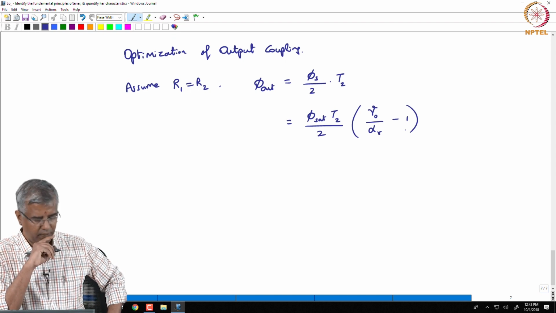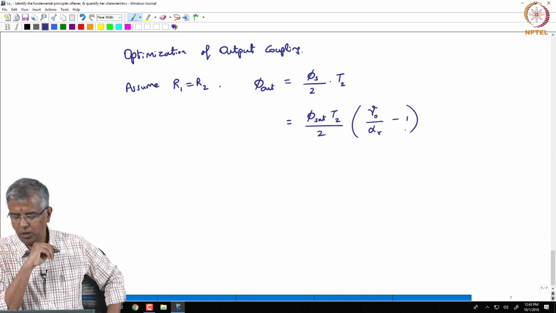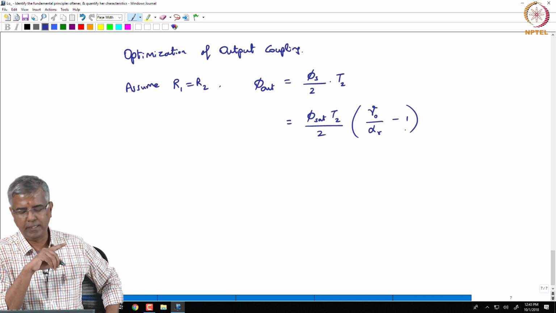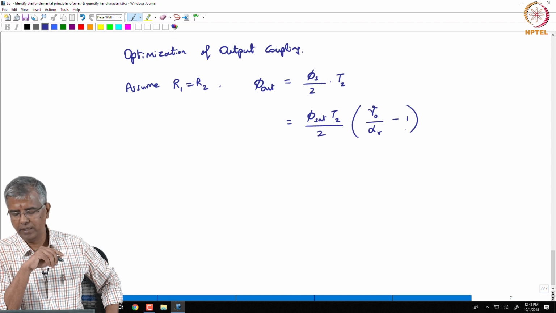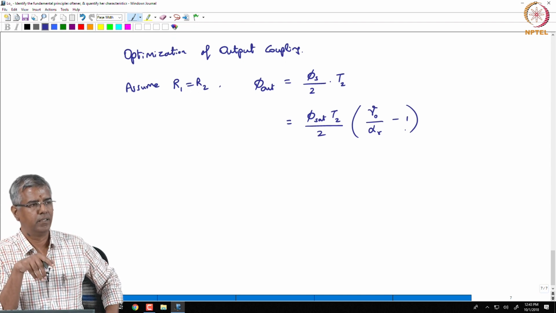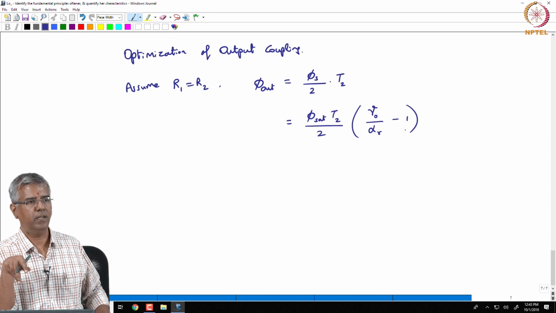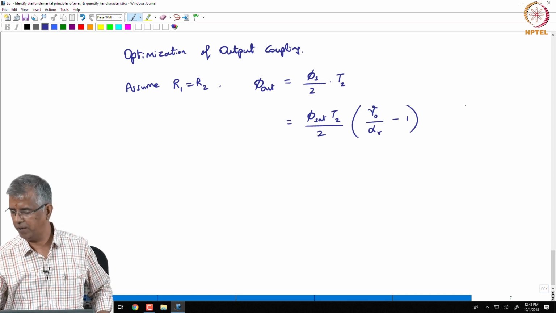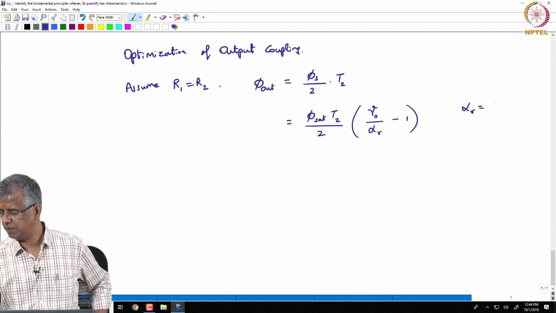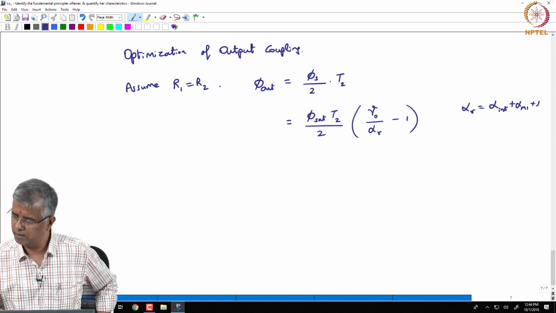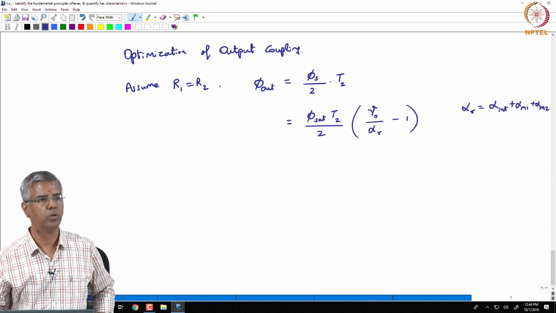Now, what do we want to optimize? We want to optimize T2, but T2, if you look closely, is not just sitting in the numerator, it is sitting in the denominator also. Where is it sitting in the denominator? As part of alpha r, right. So, alpha r, which I say is alpha int plus alpha m1 plus alpha m2.